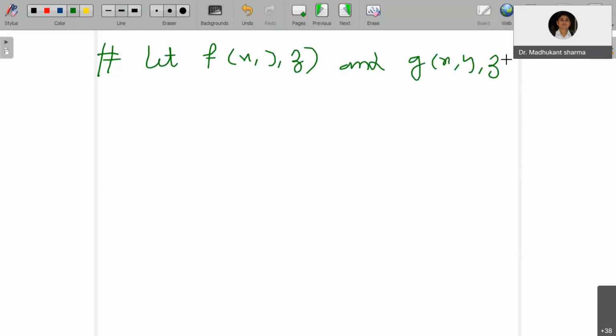So now let f of x comma y comma z and g of x comma y comma z both be differentiable.